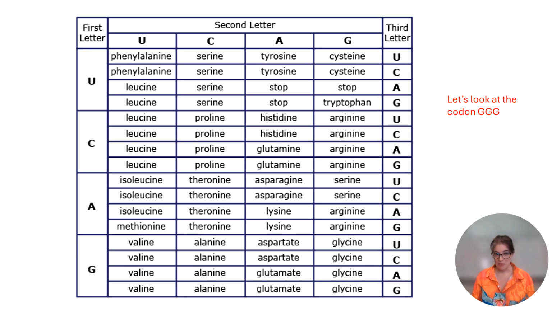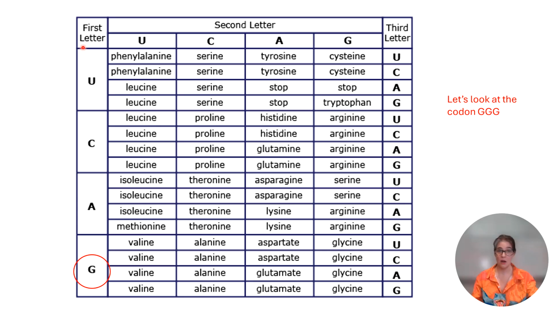This is the other type of codon chart. I think it's less user-friendly, but it's not hard. So let's code for the same codon, GGG, and we already know it's going to code for glycine, but that's fine. We are reading the chart. We don't need to reinvent the wheel every time. So first you find your first letter, and we know it's the first letter because it's going to be in the first letter category.